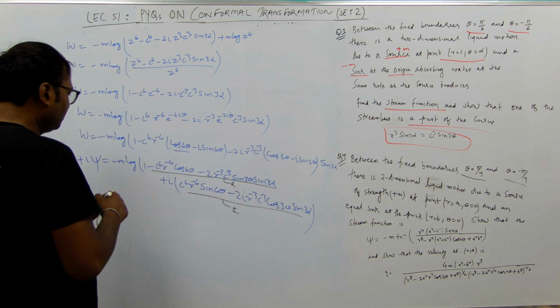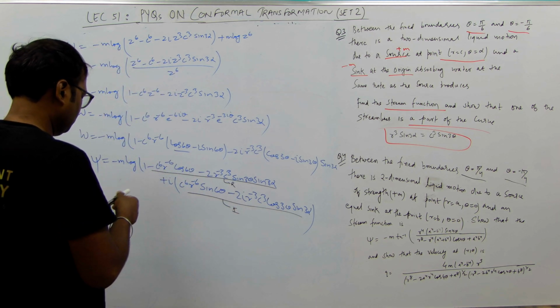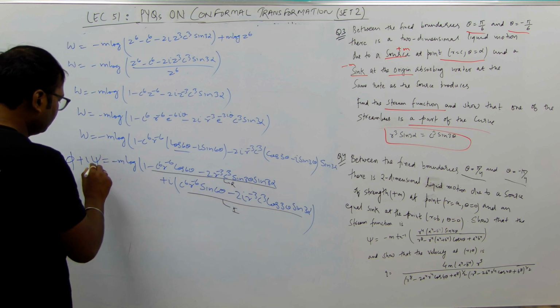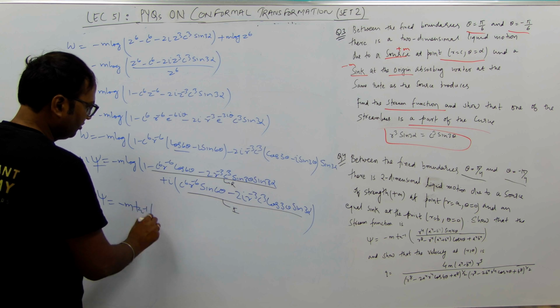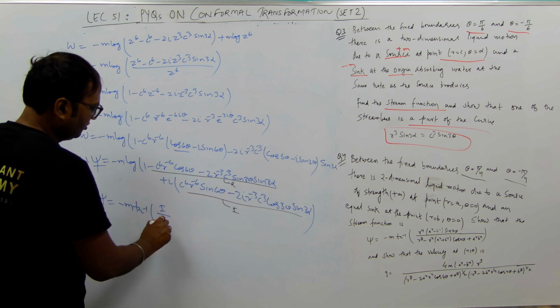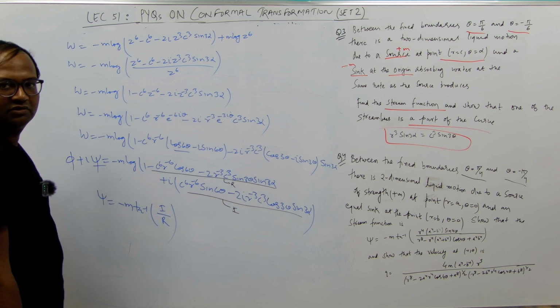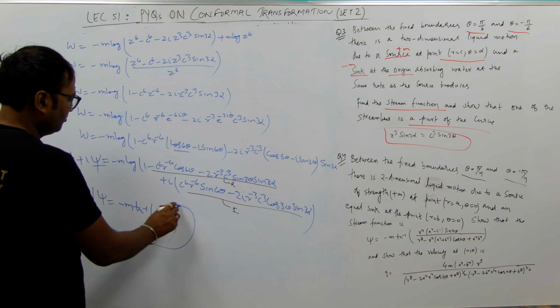So how will we find the stream function? Psi is equal to minus m tan inverse of imaginary part upon real part. This will be our stream function.